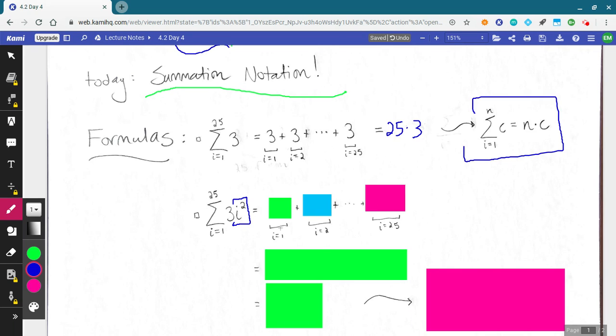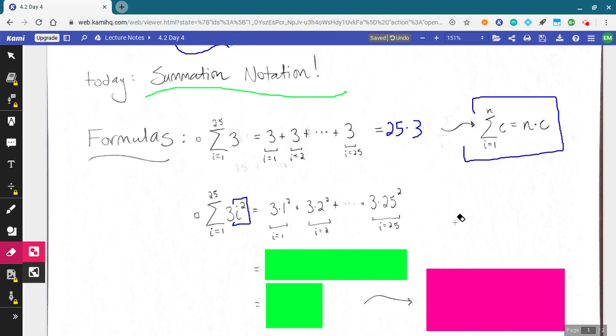And to figure out what is in each term, we just take these i's that we are at and plop them in, like with a function, wherever we see an i over here. So for i equals 1, we're going to see 3 times 1 squared. For i equals 2, it's going to be 3 times 2 squared. For i equals 3, it'd be 3 times 3 squared, all the way up to 3 times 25 squared for our i equals 25 term.